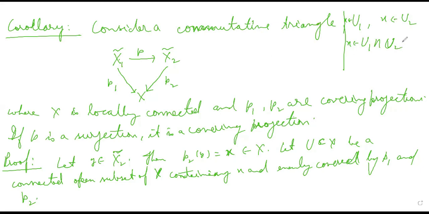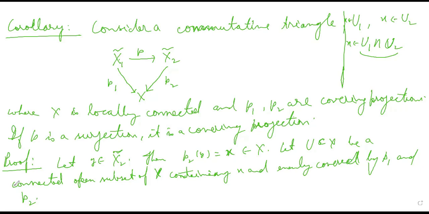You can verify, it is straightforward. Now we can find the component of U1 intersection U2 which contains X. That component is going to be open and of course connected, and it is going to be evenly covered by P1 as well as P2.